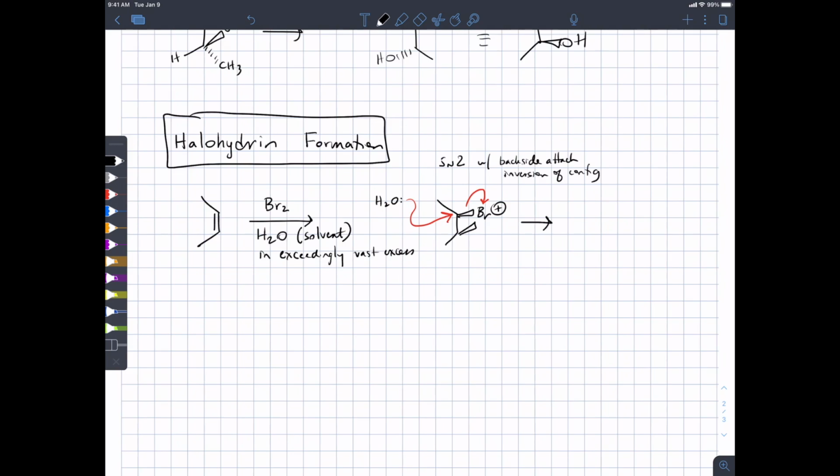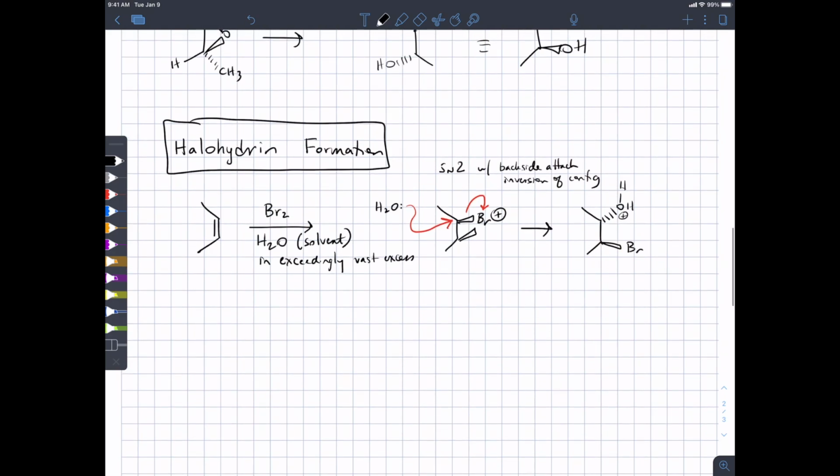So the products that we would get from this reaction would have the water and the Br on opposite sides. We would form both enantiomers, which I'm going to represent with the plus or minus in parentheses. We would get the other enantiomer from attacking of carbon B instead of carbon A.